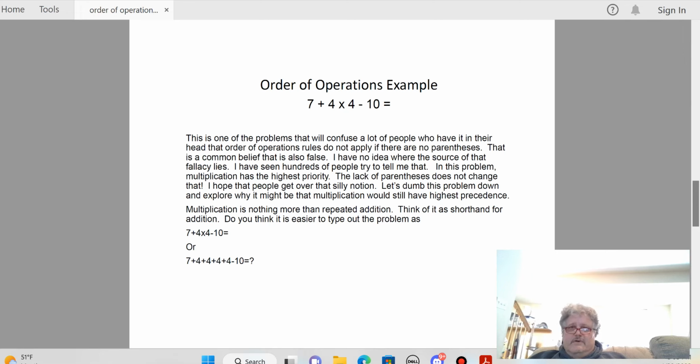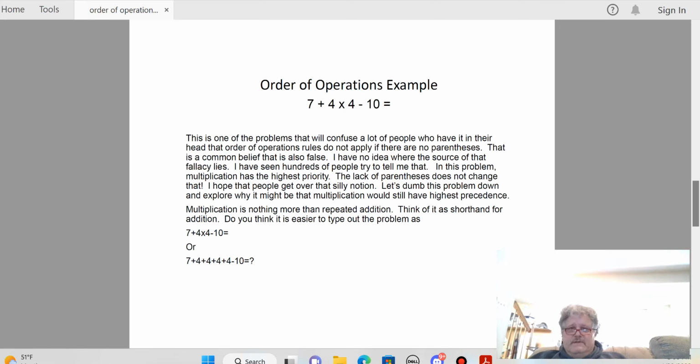I talked about that more in another video, but think of it as shorthand for addition. So in other words, I can write 7 plus 4 times 4 minus 10, or I can write it out as 7 plus 4 plus 4 plus 4 plus 4 minus 10. It's the exact same thing. I just took the multiplication and changed it over to addition.